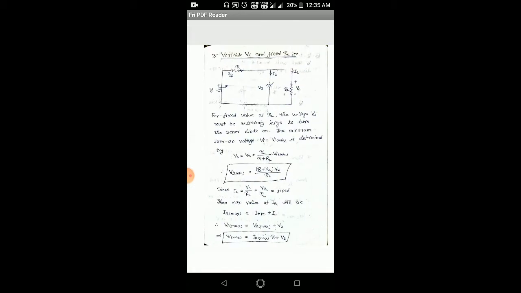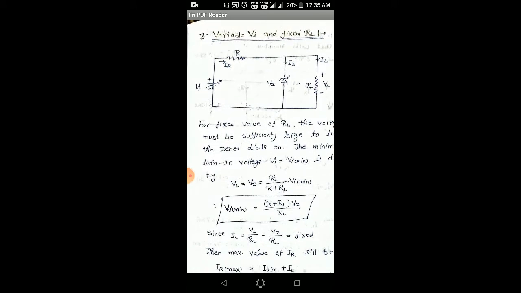Now we will discuss the third case, variable Vi and fixed RL. In this circuit the supply voltage is variable, whereas the load resistor is fixed.